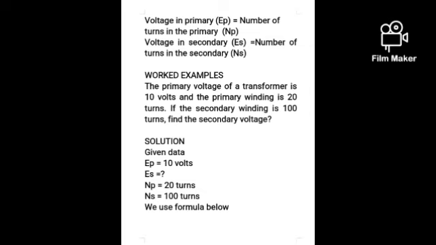From our question, they gave us EP to be 10 volts, ES is not given, NP is given to be 20 turns, and NS is given to be 100 turns. So that means that ES, the voltage in the secondary, is what we are asked to look for.